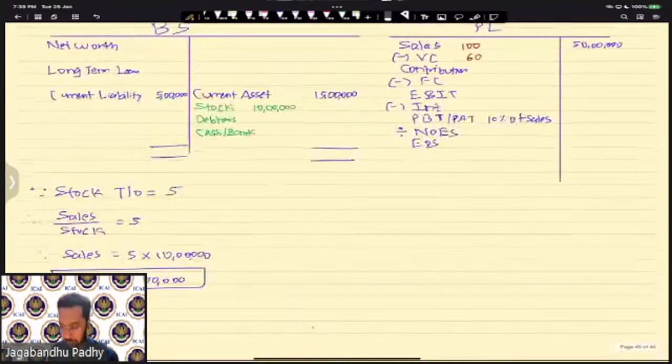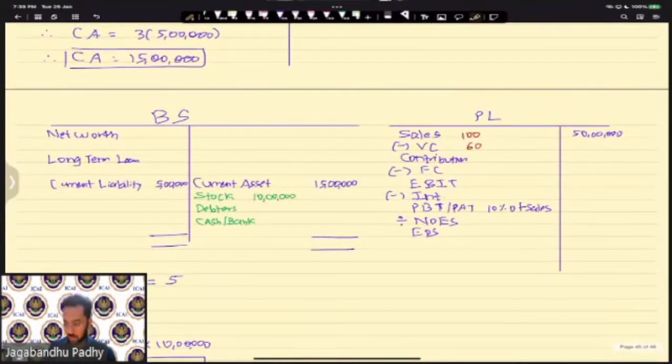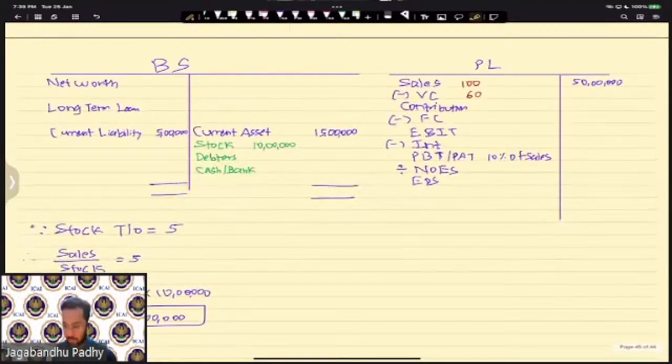We need to rework them. Okay, fine. So sales is 50 lakh. So variable cost, if it's 60%, that amounts to variable cost of 30 lakhs, and we have a contribution of 20 lakh. 50 lakh sales with a variable cost of 30 lakh, contribution is 20 lakhs.